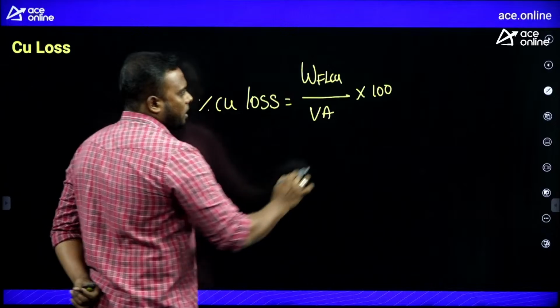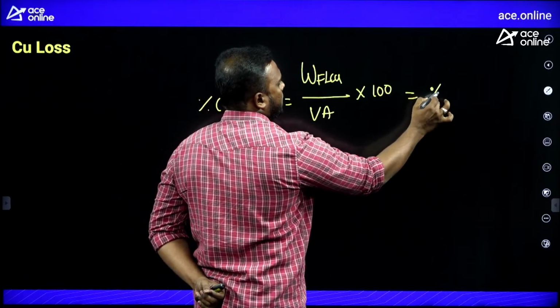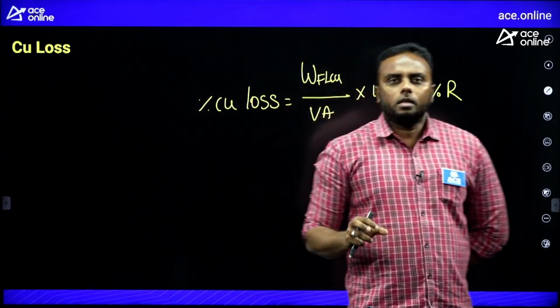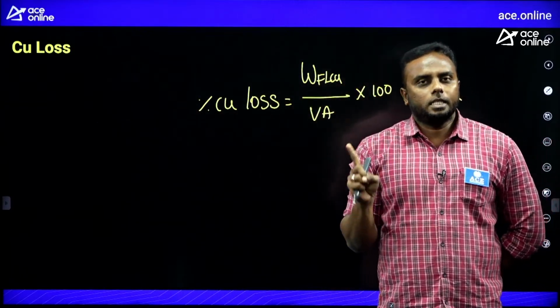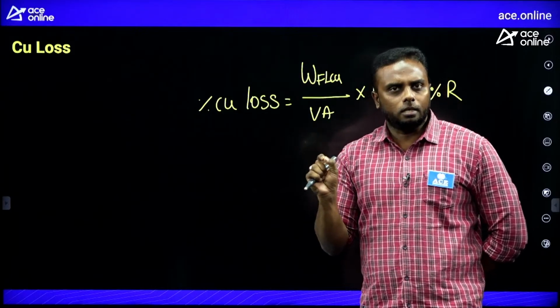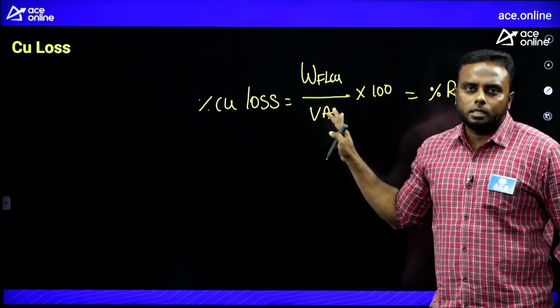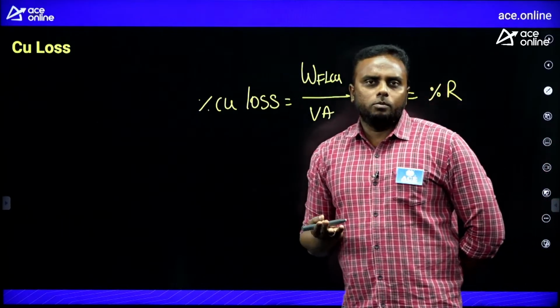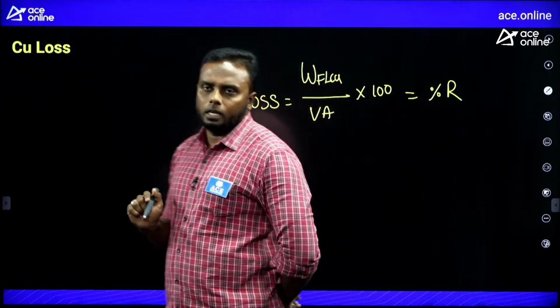So this percentage copper loss is nothing but the percentage resistance of the transformer. So we get one relation: percentage R and percentage copper loss are both the same. So if a question has percentage R, it means copper loss is there in the question. Okay, remember this. And copper loss is a variable loss which depends on current variation.